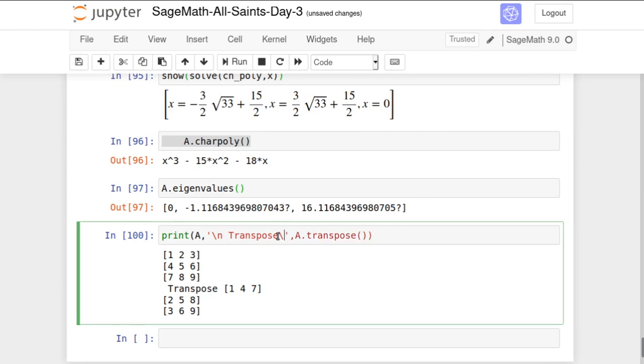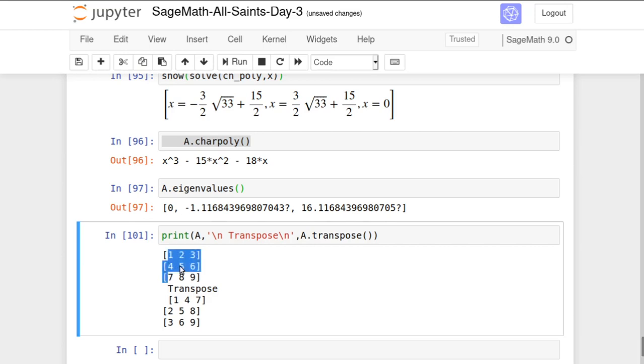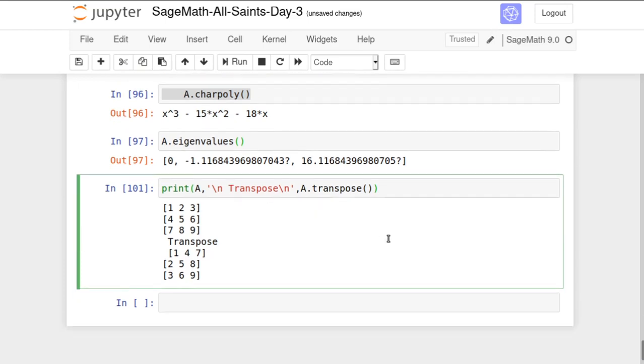Transpose once again. So we are getting the transpose to be equal to 147, 258, 369, and you can see here that 147 is the first column, 258 is the second column, 369 is the third column, and that changes to first row, second row, and third row. This is how we find the transpose of a matrix.